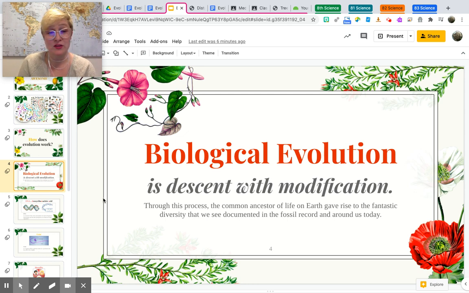So that was a much nicer, prettier, more eloquent way of saying what I just said on the previous slide. But we're going to really get into what does descent with modification mean. So I'm going to introduce some terms for you and we're going to walk through it. And hopefully by the end of this, you'll kind of understand what that means.